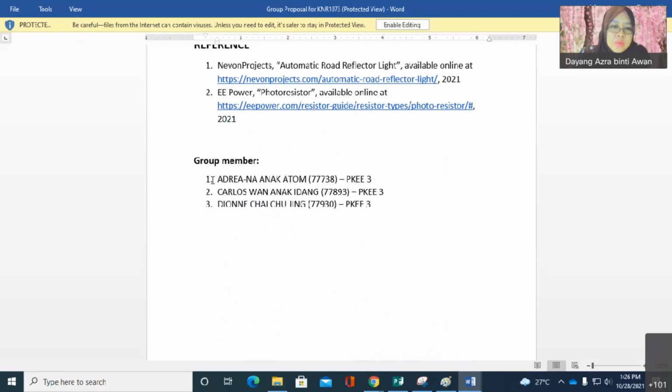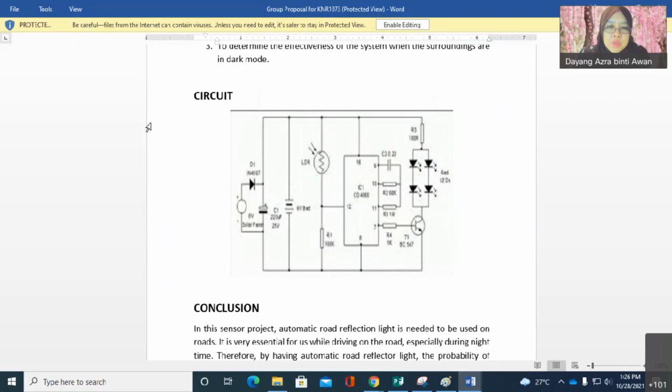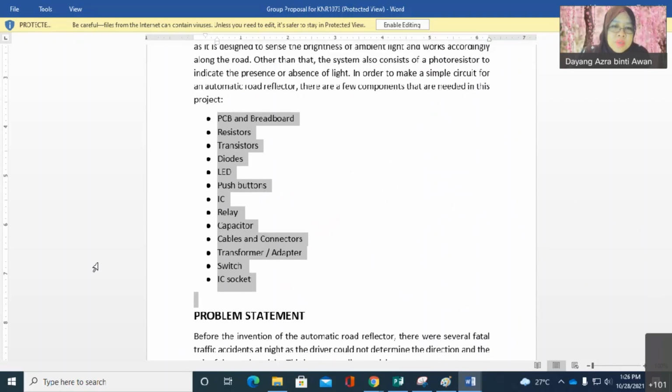Okay, so this group, Andriana, Carlos and Dion, should be okay too. Just if possible try to redraw it more neatly and then put the values. Okay, later I have taken the picture, I just want to combine more of the report from your senior. That one is the simplest report.